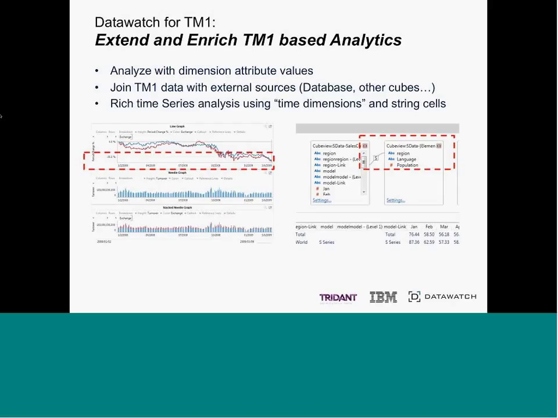Your connection to TM1 will allow you to join your cube views with attribute values from your same TM1 model, which creates visualizations and tables in Datawatch where you have attribute values on your rows and can do aggregation based on those attribute values. This is something that's, I think, missing from the TM1 reporting suite and can be quite powerful. You can also join TM1 data to external sources, relational databases, spreadsheets, files, even streaming data, in our in-memory engine.